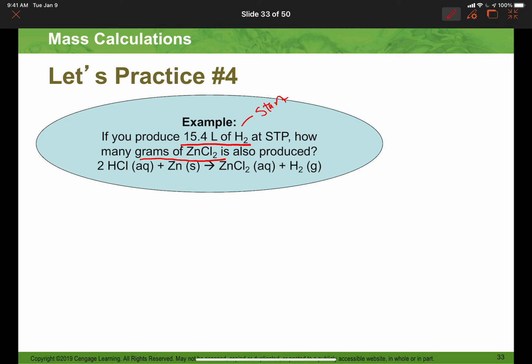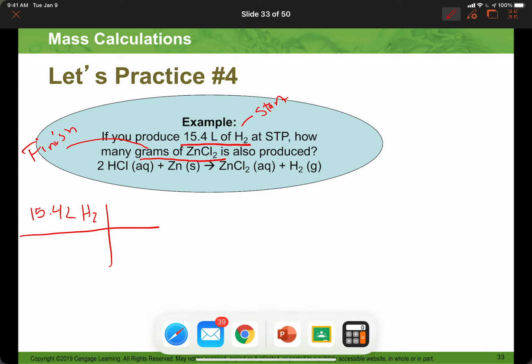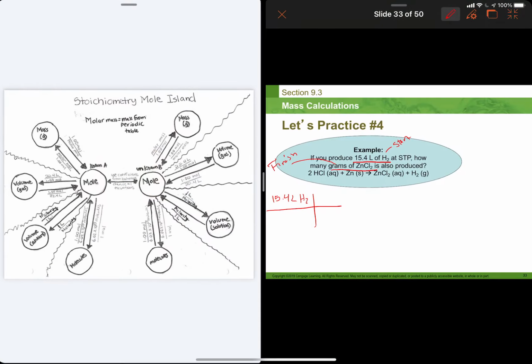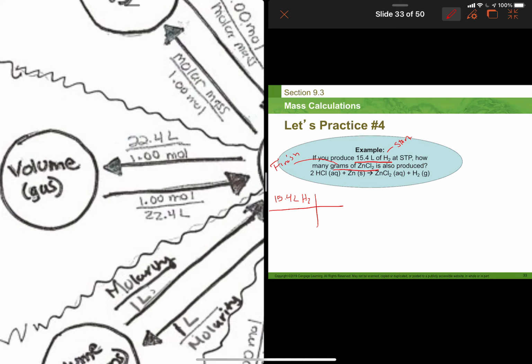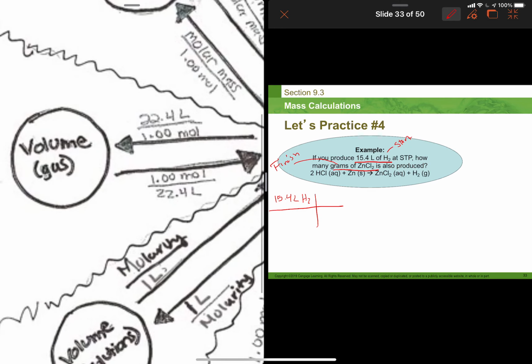Wherever it says how many, this is where you finish. So in this case, we are starting with 15.4 liters of H2. So let's use our chart. Always have your chart next to you because it actually helps you a lot. So we are actually starting this time in volume of gas, because we have liters of H2 at STP, meaning we're going to use the fraction at the bottom.